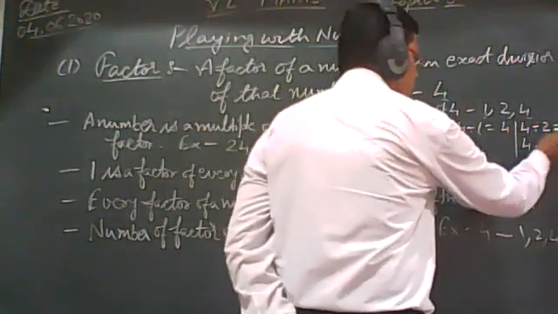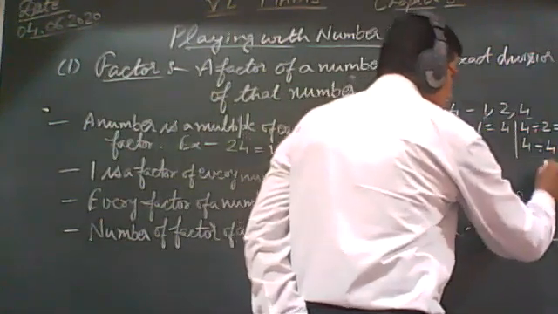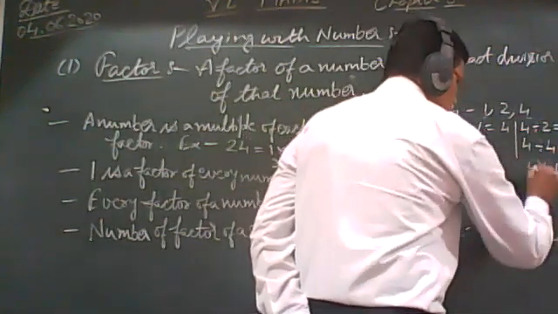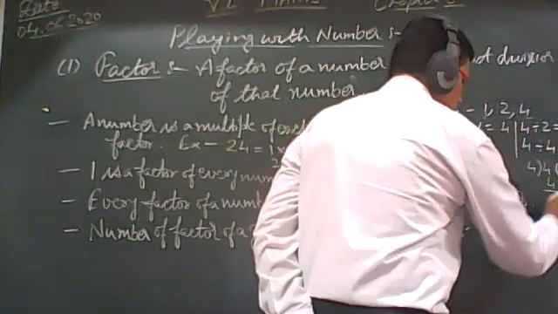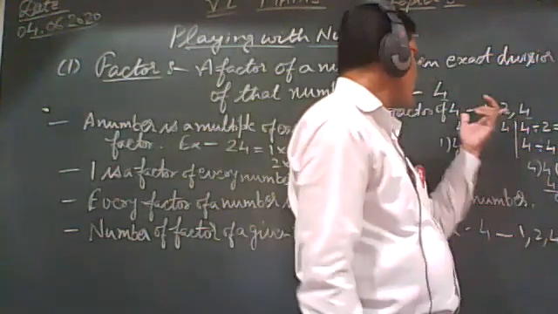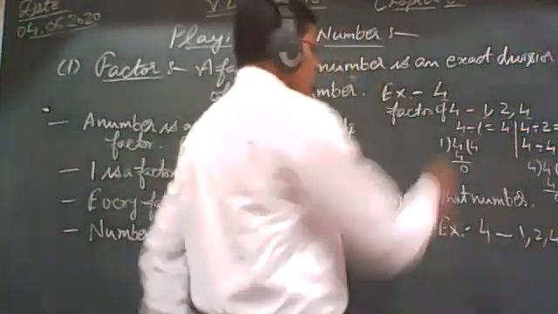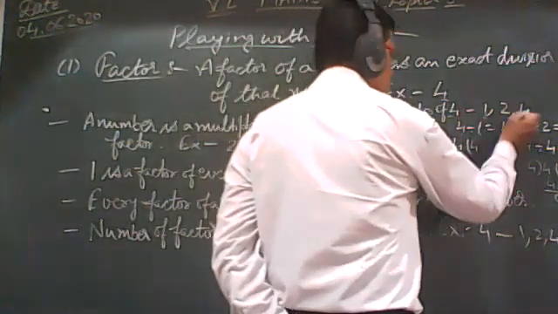Therefore, 2 is a factor of 4. Similarly, if we divide 4 by 4, 4 ones are 4, the remainder comes 0. Therefore, 4 is a factor of 4 also. Okay? That means the factors of 4 are 1, 2, 4.